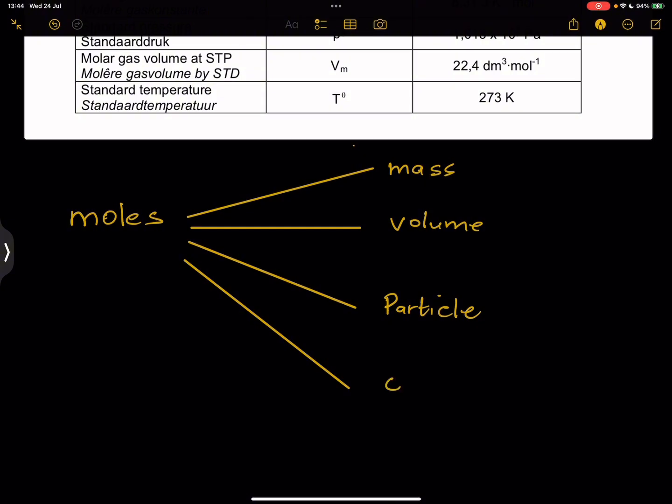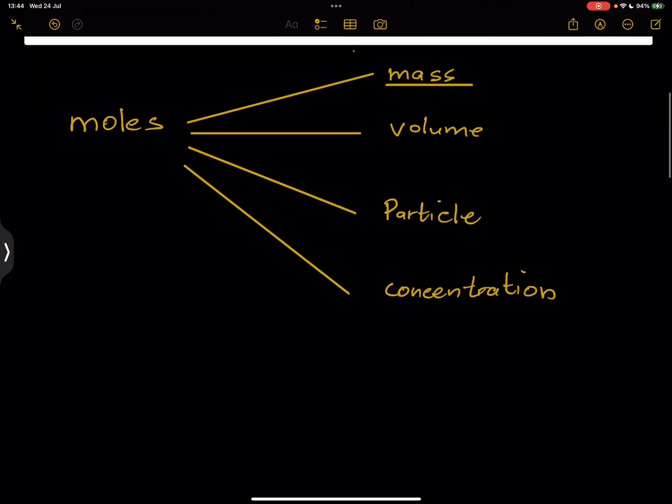And I'm going to give you kind of a roadmap that we always use. Now, let's talk about this first. So when I'm given mass, the formula that we always use is number of moles is mass divided by the molar mass. Now, ladies and gents, it is very crucial for us to know how to determine the molar mass. So we would have been given the mass, and this would be in grams.